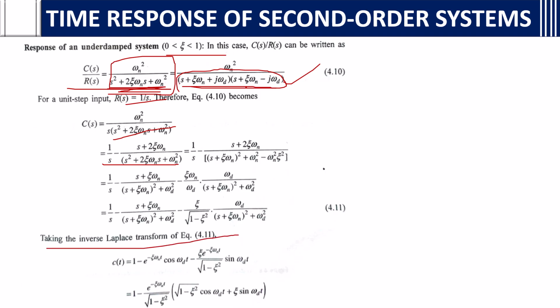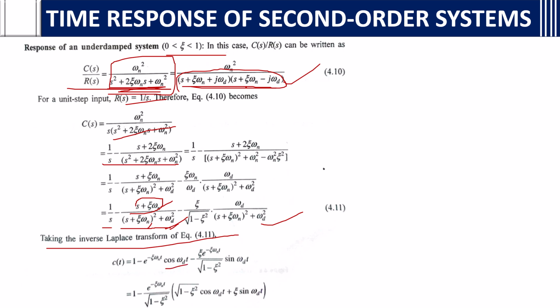Taking the inverse Laplace of this, you get c of t equals 1 minus e power minus zeta omega n t cos omega d t. Why? Because it is in the form of s by s square plus a square, where a is omega d.